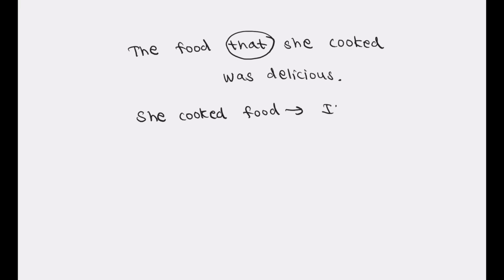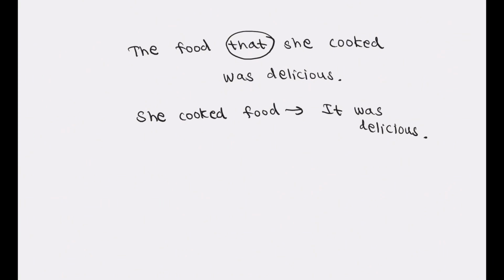It was delicious. She cooked food. The food was delicious. It's turned into the food that she cooked. So relative pronouns help us combine ideas into longer, interesting sentences.